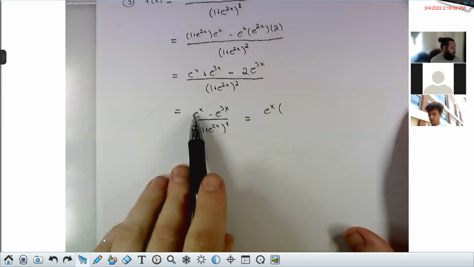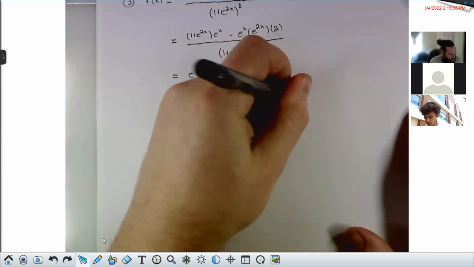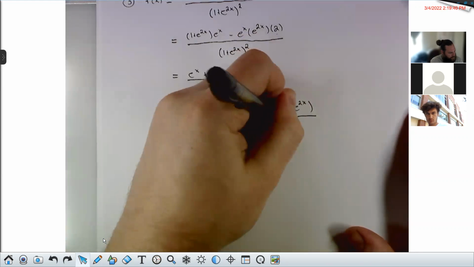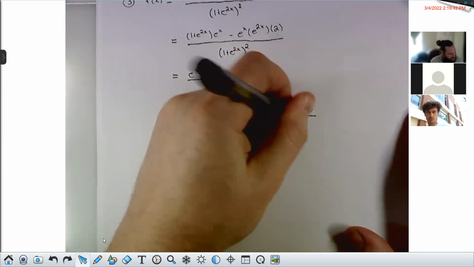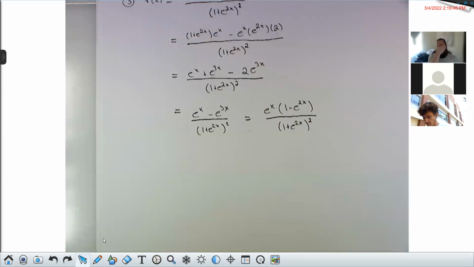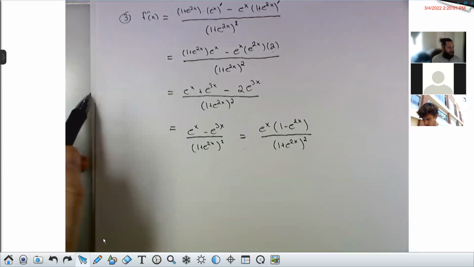And what will be left is 1 minus e to the 2x. Downstairs, still 1 plus e to the 2x all squared. Okay, everybody with me on this second derivative calculation? I know this was a little bit of work and a lot of algebra.